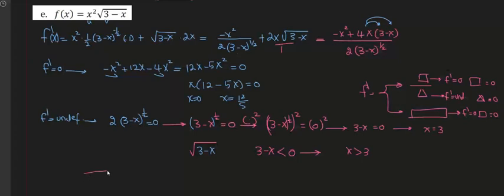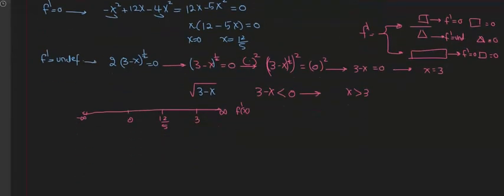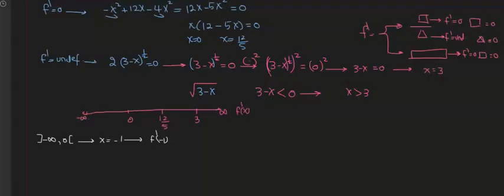So on the number line, we might indicate this. We have now the 0. And of course, we need to discuss the f dash behavior around these points. So we will start with the interval from negative infinity to 0, where we will pick x equals -1 and then compute f dash at -1, which is going to be negative.